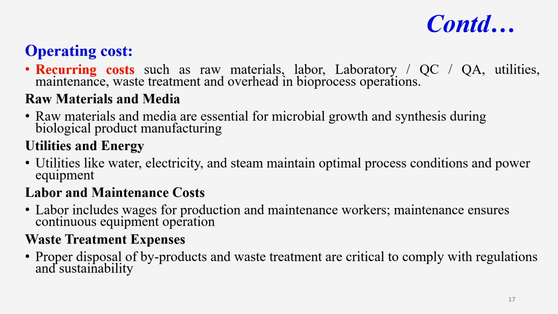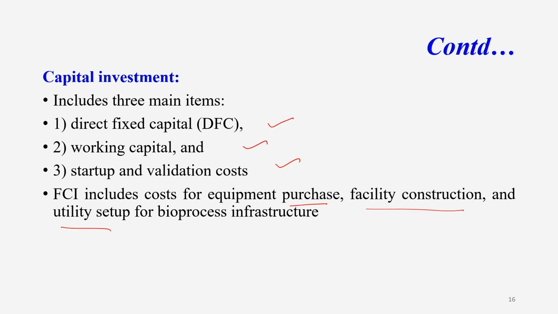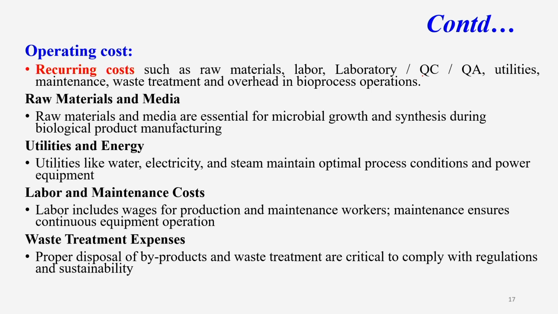Similarly, in the case of operating cost, it is also known as recurring cost. So, fixed cost or capital investment is non-recurring and operating cost we refer to as recurring. Such as it includes raw material, labor, laboratory, utility, maintenance, waste treatment and overhead in bioprocess operations.